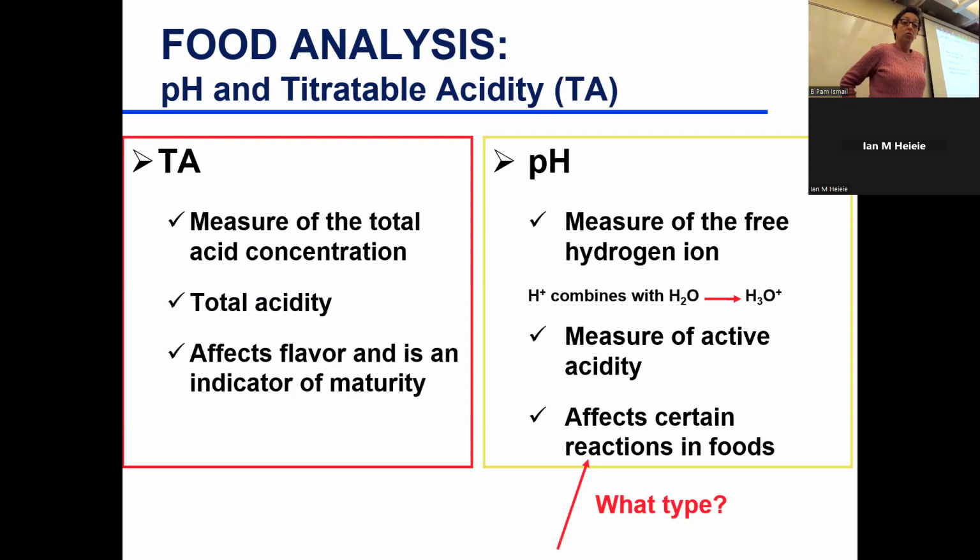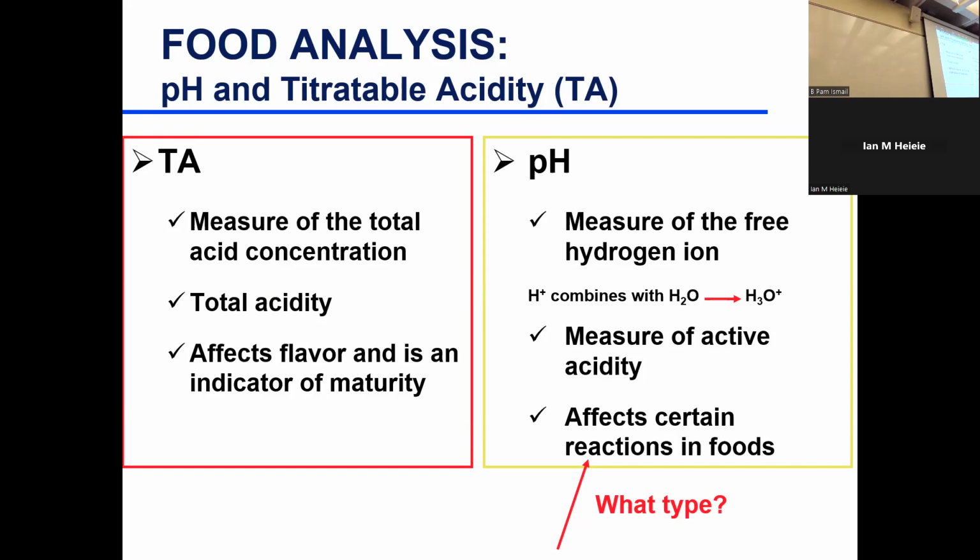Okay, so titratable acidity, here we're defining it, is a measurement of the total acid concentration, whereas the pH is a measurement of the free hydrogens. Again, there are 2 different things. That's why you will measure both. And sometimes same concentration of acid, I'll show you in a minute.